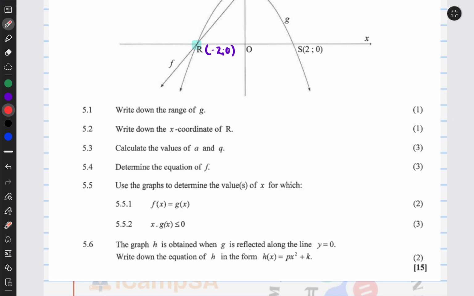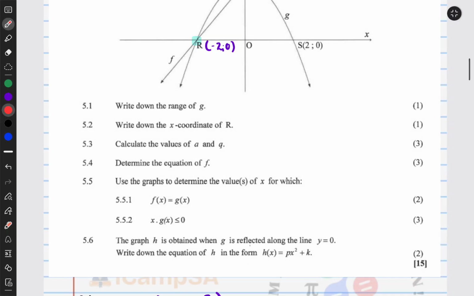So where x multiplied by g at x, if we divide by x on both sides, we're essentially looking for the values of x where the function of g, the parabola, is going to be less or equal to 0 essentially.